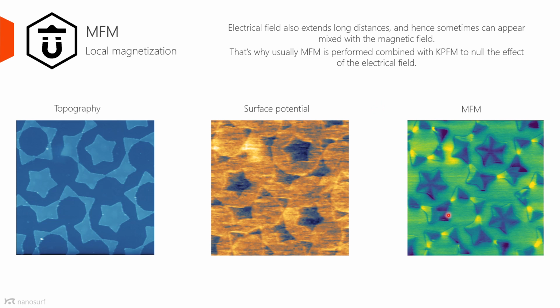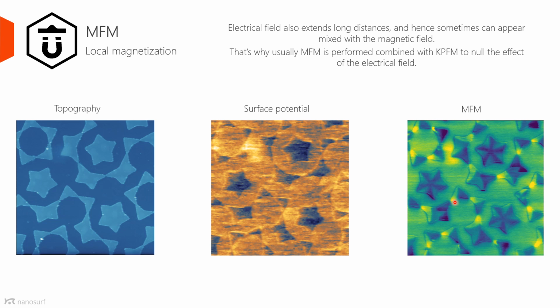If you notice this here and that there, these horizontal lines parallel to the scan direction are very likely indicating that the magnetization of the sample is being affected by the magnetic tip moving close to it.